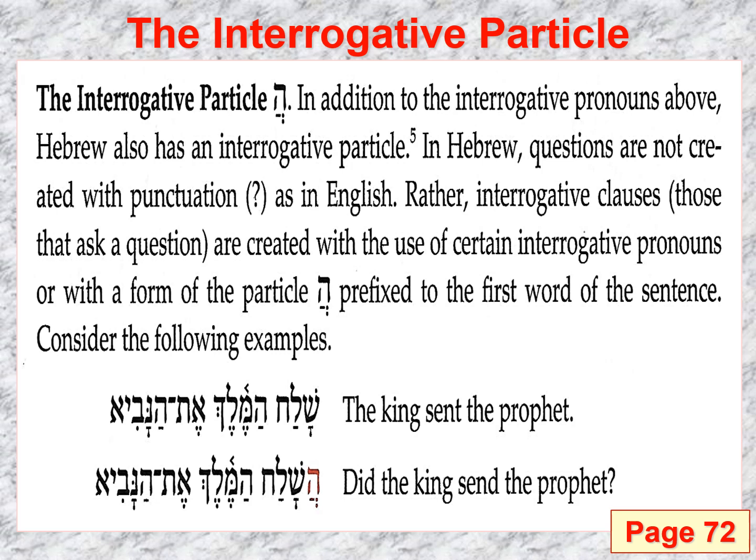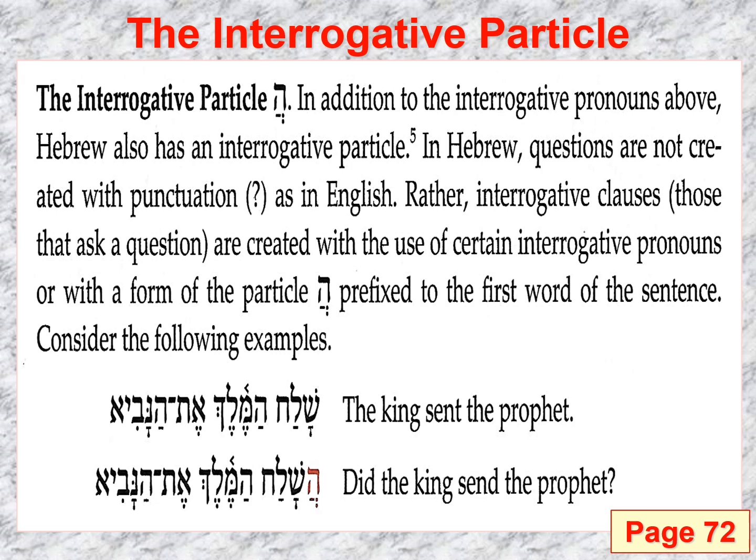So et Hanavi, right? So the definite article, hey with the patak, the doubling of the next consonant with the dagesh forte, in this case in the nun, and then navi are nouns. So the king sent, who did the king send? Et Hanavi. He sent the prophet, right?